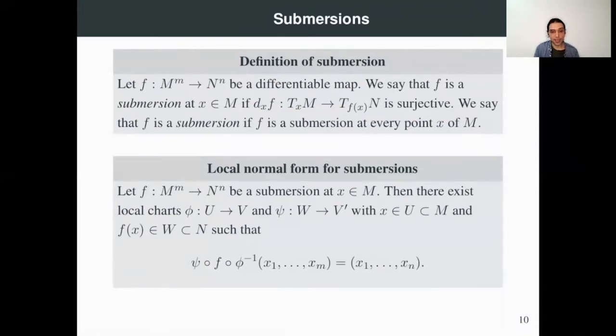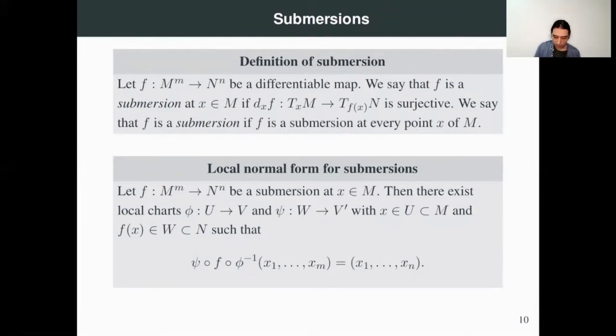Okay, what the theorem says is that if we have a differentiable map and a submersion at a point X, then there exist local charts, phi defining a neighborhood of X in M, and psi defining a neighborhood of the image of X by F in the manifold N, such that the local expression of F in these charts is this map over here, which is sending the vector x1, x2 till xm to its n first coordinates. Let's remind ourselves that m is greater or equal than n.